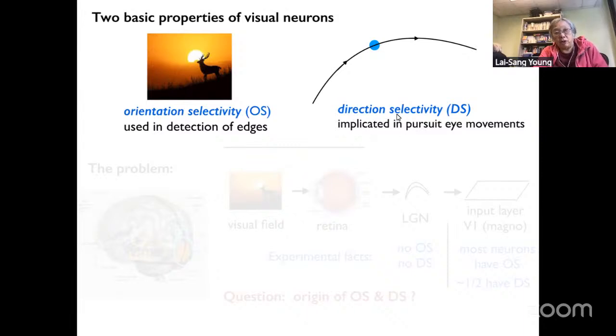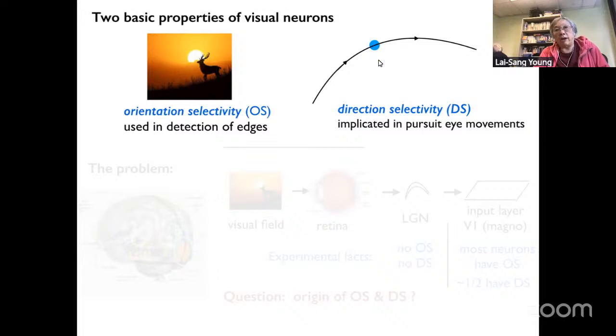Well, maybe I should say a little bit more about DS, which is implicated in pursuit eye movements. Pursuit eye movements are when there's a moving object in your view and you try to track it with your eyes. Now our visual angle is actually very wide, so we can see a very wide swath of the space in front of us, but there's only a very small region corresponding to the fovea in your retina, or center of gaze, where the acuity is the strongest.